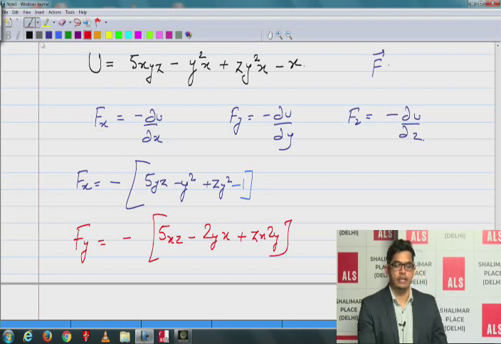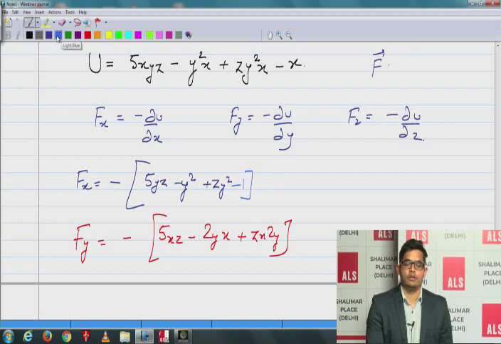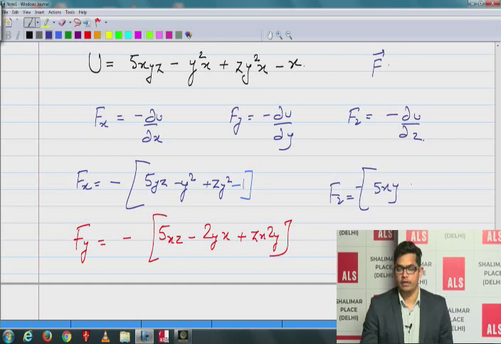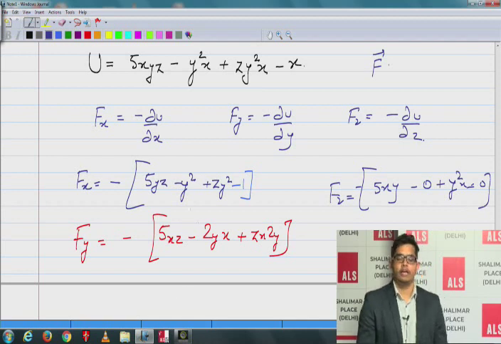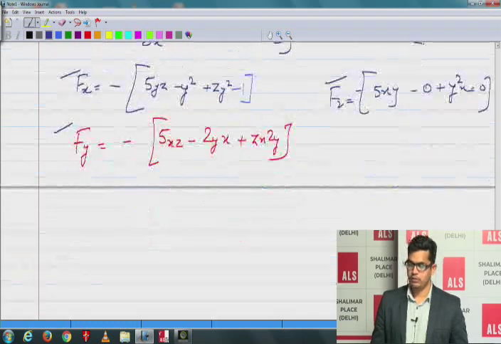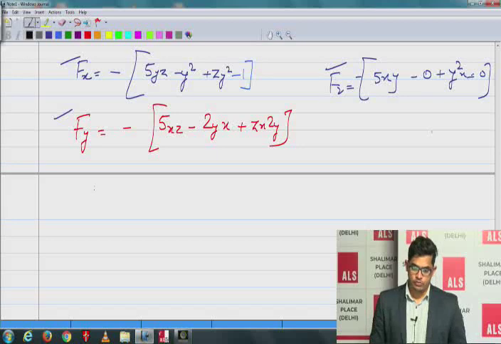And finally, Fz is minus del u by del z, so it will be equal to minus 5xy minus 0 plus y square x 0 minus 0. We have Fx, we have Fy, we have Fz. And then all we need to do is write the force.